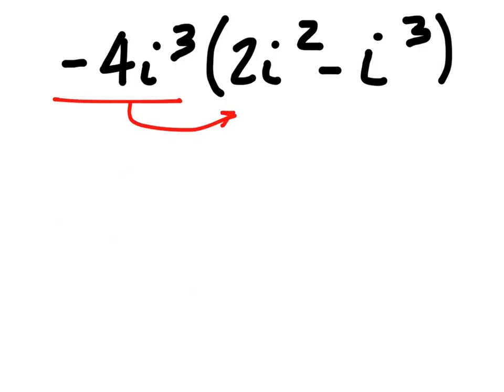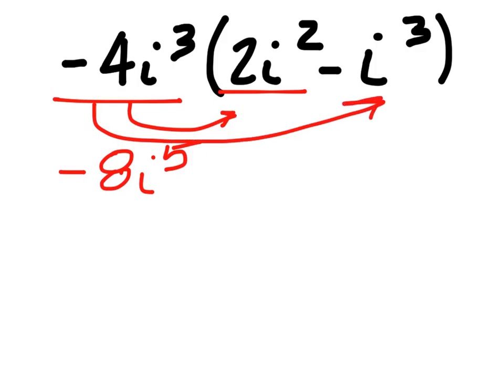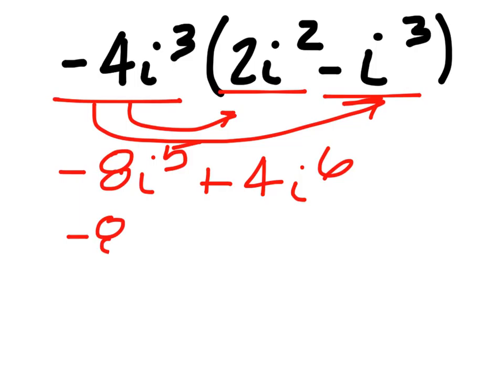This times this is going to give you a negative 8i to the 5th. And then when you multiply these two items, you come up with a positive 4i to the 6th. Now, i to the 5th is a positive i.